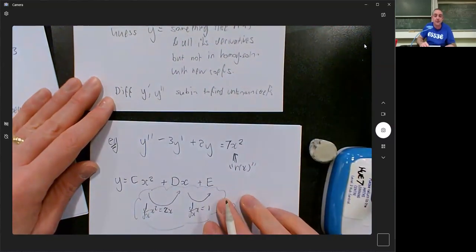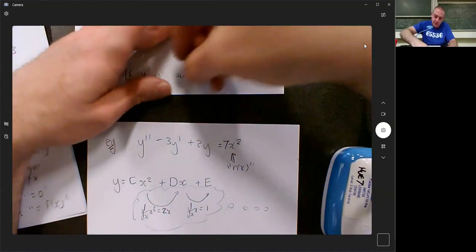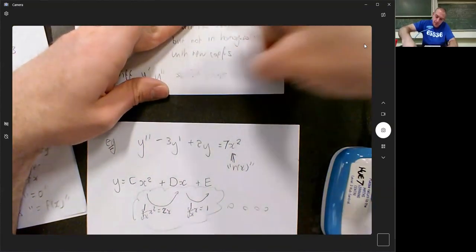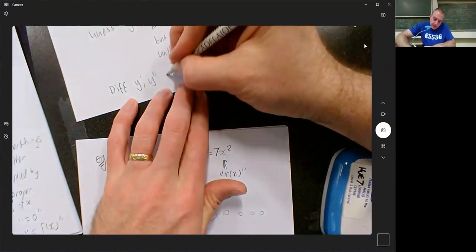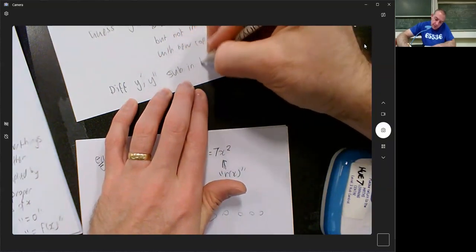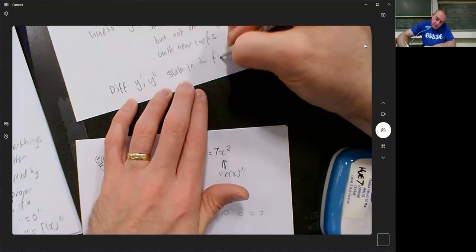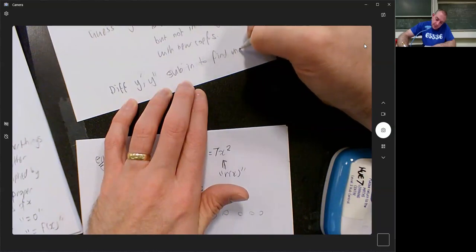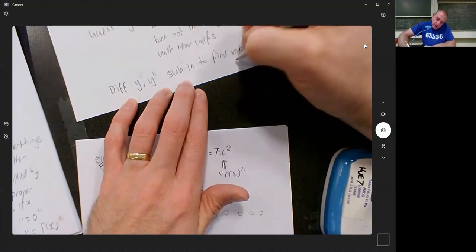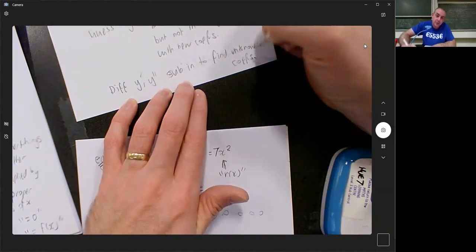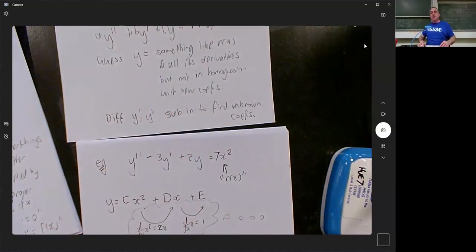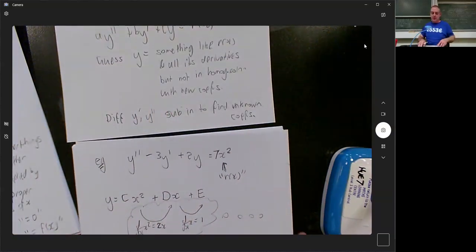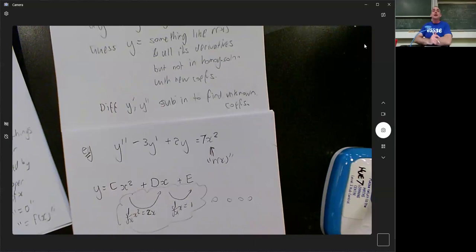That's the process. This process is called the method of undetermined coefficients, by the way, in case you're wondering.